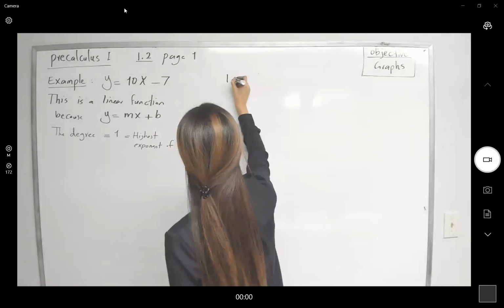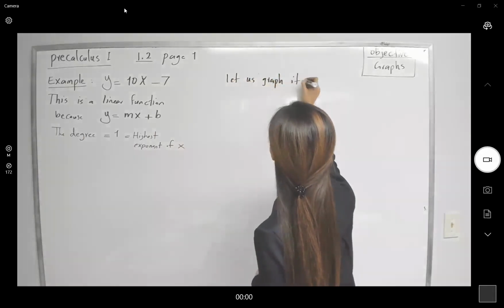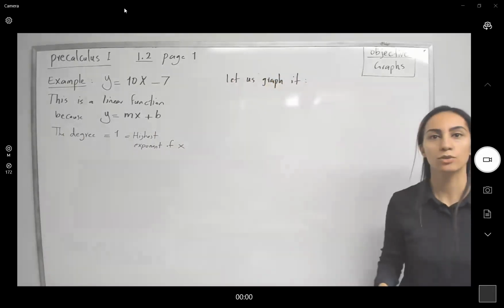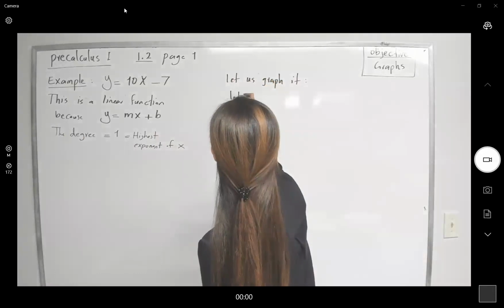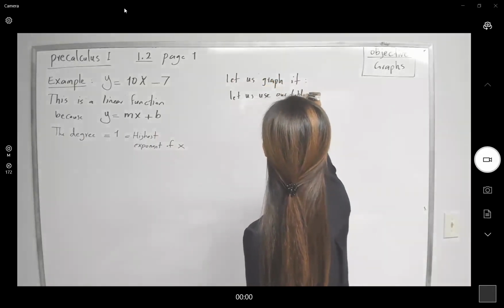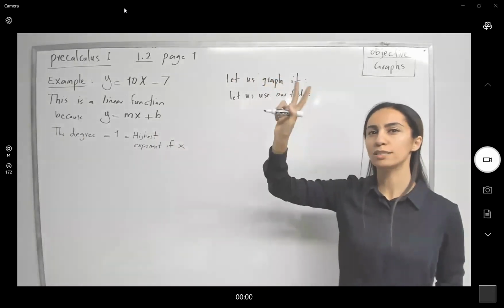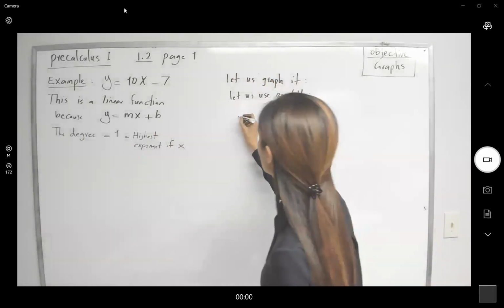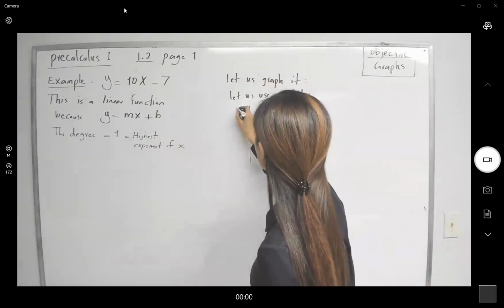So how do we graph this? Let us graph it. Again, the easiest way to graph it is using a table. Since this is linear, 2 points are enough. So here we have your x and your y.